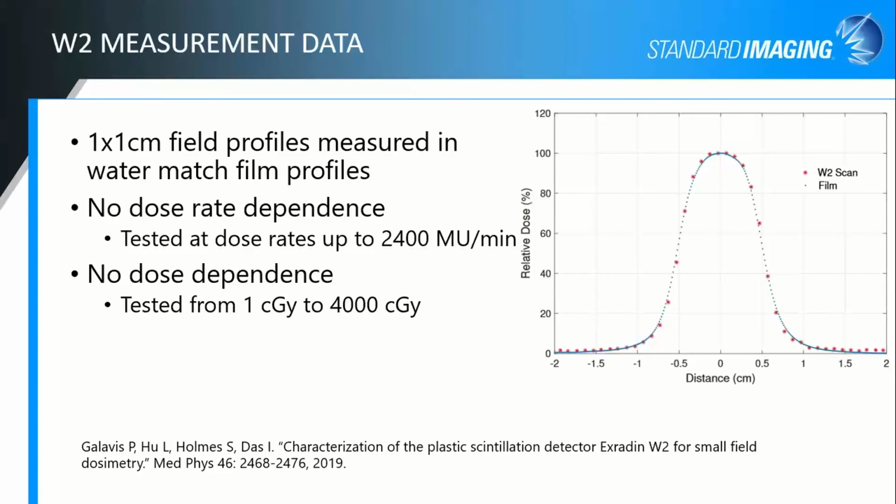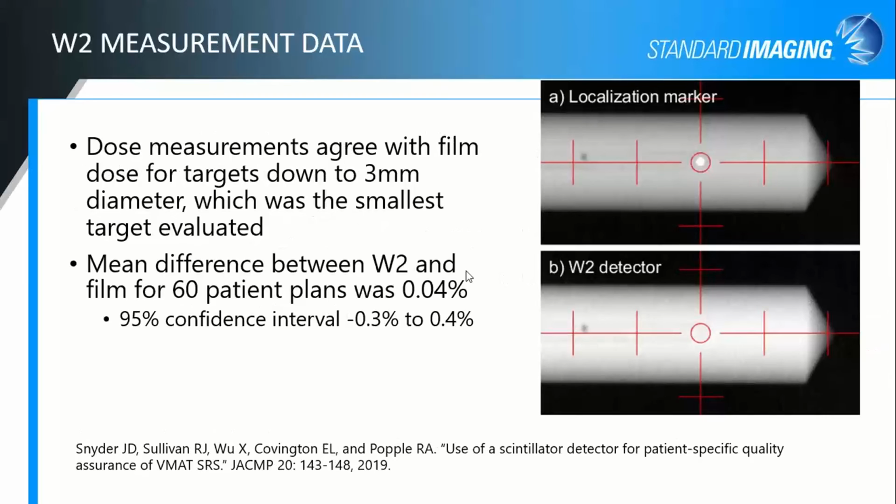The only thing that's different on the fiber construction is that for the 1x1, it's a shorter section of scintillator. But they did look at dose rate and dose dependence as well. And then Richard Popple's group at the University of Alabama at Birmingham was looking at Varian HyperArc measurements, I believe, where they looked at patient targets, how small a patient target or treatment target they could manage and accurately measure, again, compared with radiochromic film.